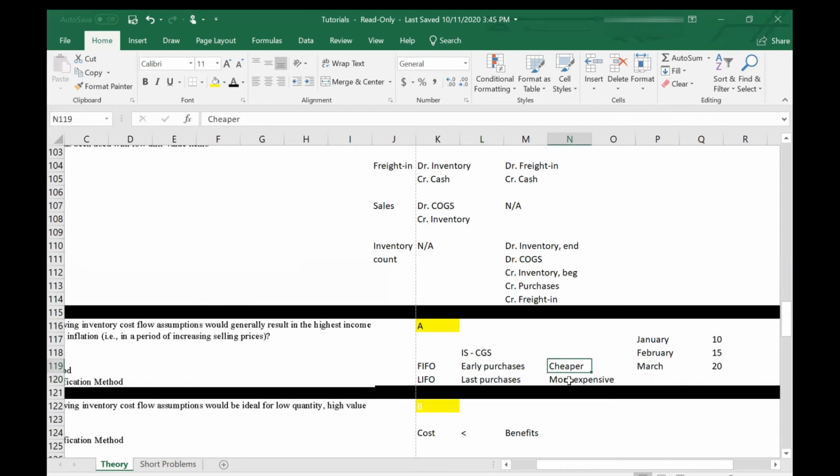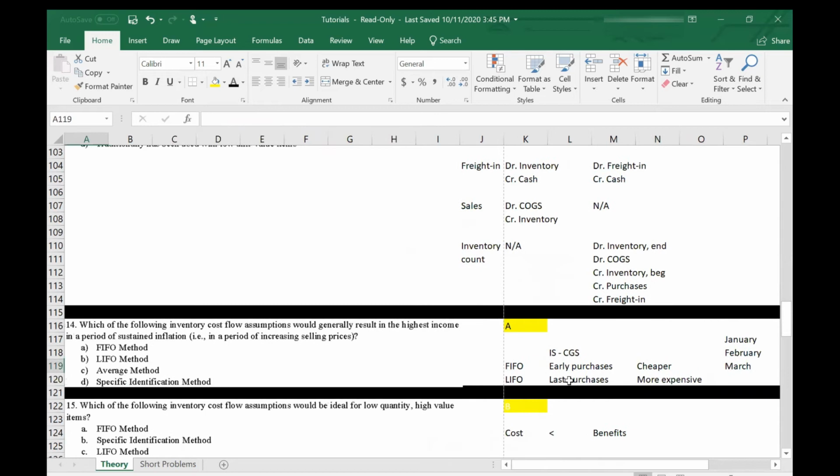It's the FIFO because it's cheaper early purchases, lower CGS, higher income. Kapag LIFO naman, in the period of inflation, last purchases, more expensive, higher CGS, lower income. Which is why for this item, the answer is letter A, FIFO method. So I hope that this is clear.